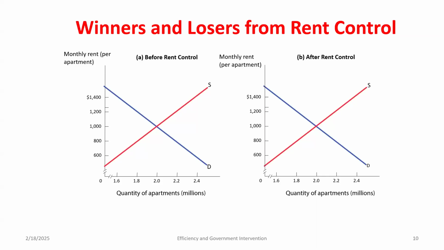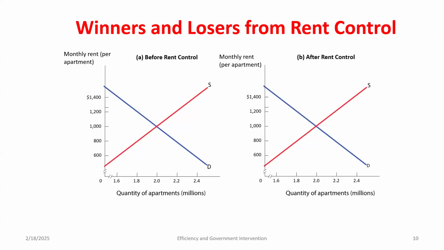So we can think about what these price ceilings do. Before the price ceiling, where would my consumer and producer surplus have been? Remember, demand is marginal benefit, and supply represents our marginal cost. So before, the equilibrium price would have been right here. Consumer surplus would have been this area, and producer surplus would have been down here.